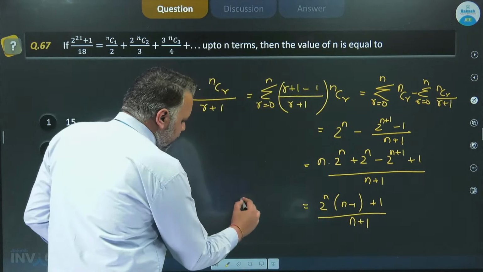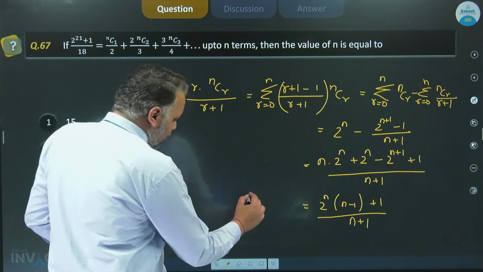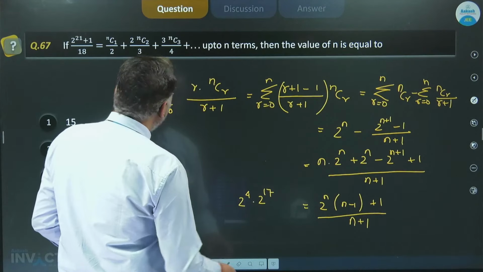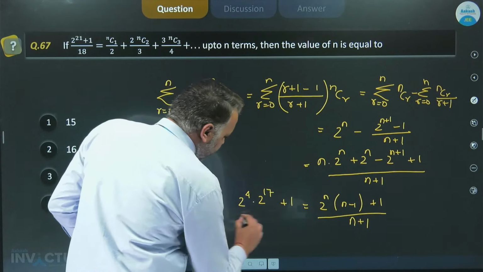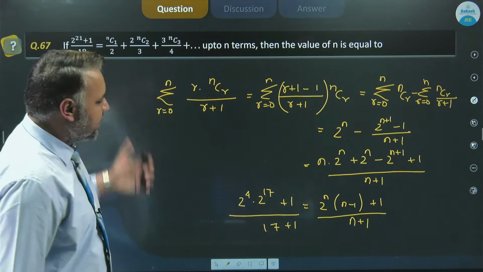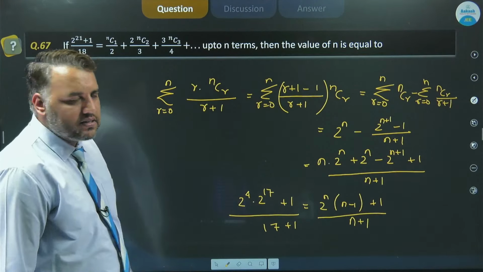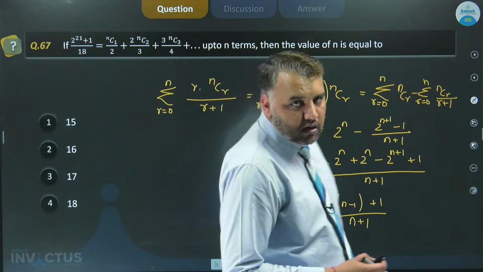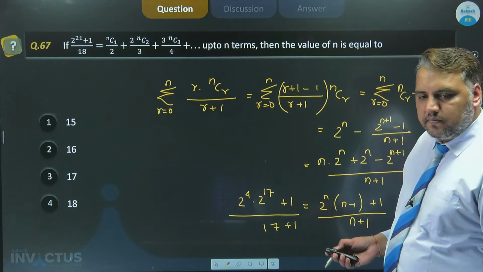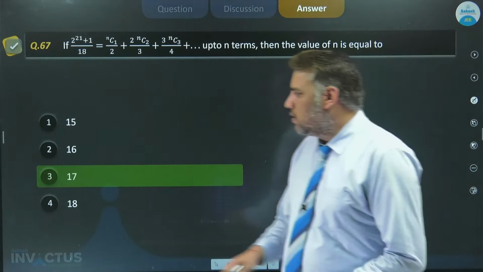And this is actually 2 power 21. So we can write down 2 power 21 as 2 power 4 into 2 power 17 plus 1 divided by 17 plus 1. We can write this given expression as this. Now by comparing, you can see that n must be 17. So option 3 must be the correct answer. Option 3 is the correct answer.